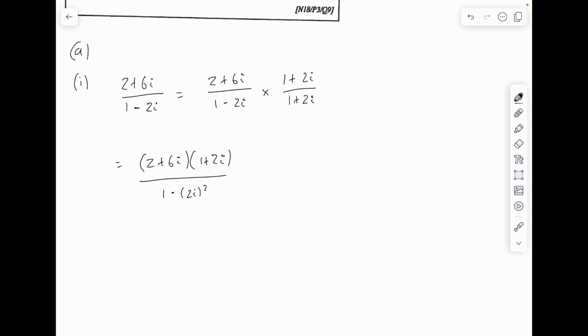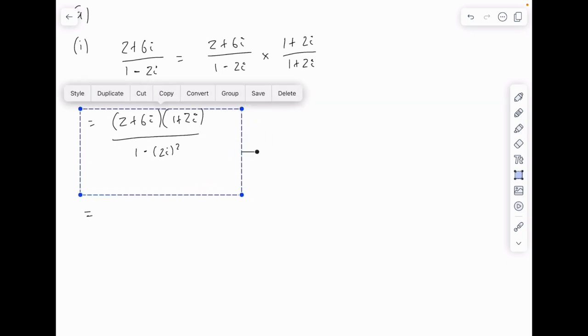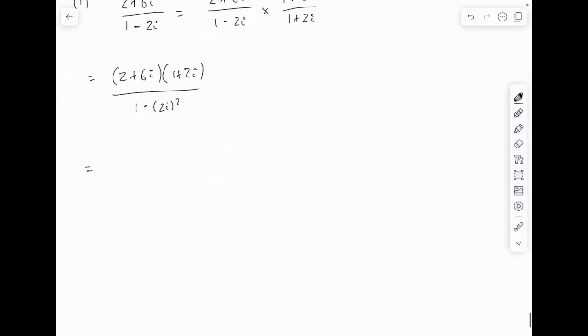The key thing here is we're going to expand this out. What do we get when we expand this out? Well, we get 2 plus 4i plus 6i plus 12i squared over 1 plus 4.